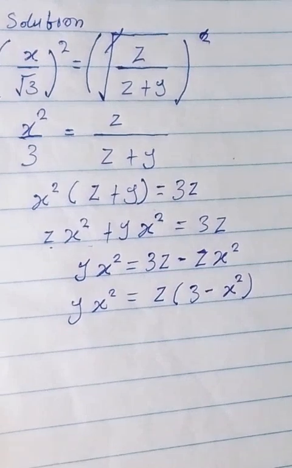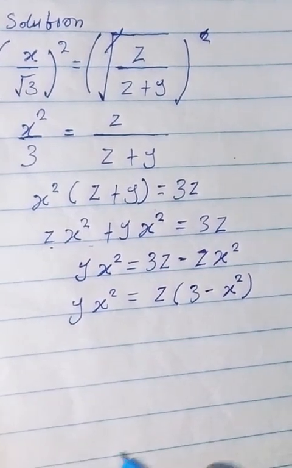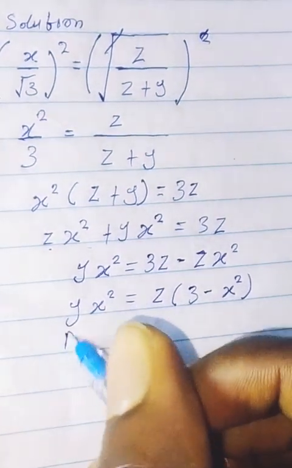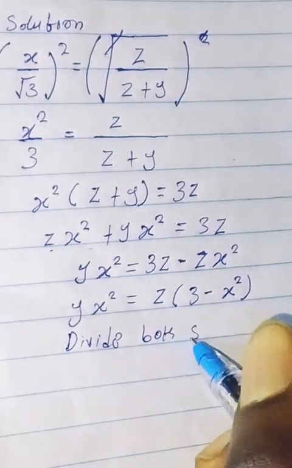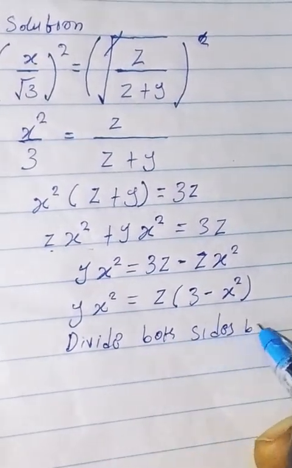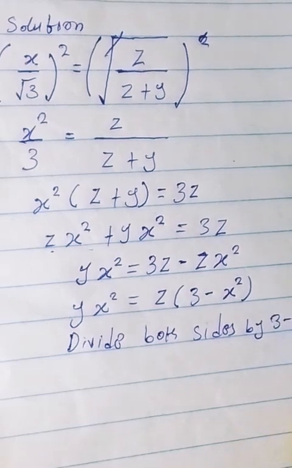Now from here, we simply divide both sides by 3 minus x squared.